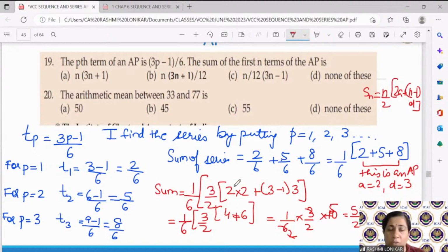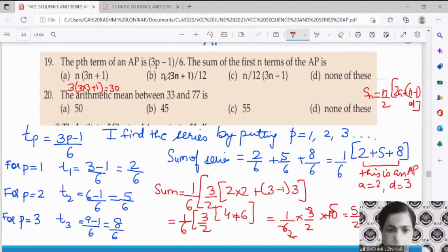Now what I have to see is which of these is giving me the same answer. So for the 19th sum, if I put here 3 into 3 plus 1, this is 9 plus 1, this is 10, this gives me 30.